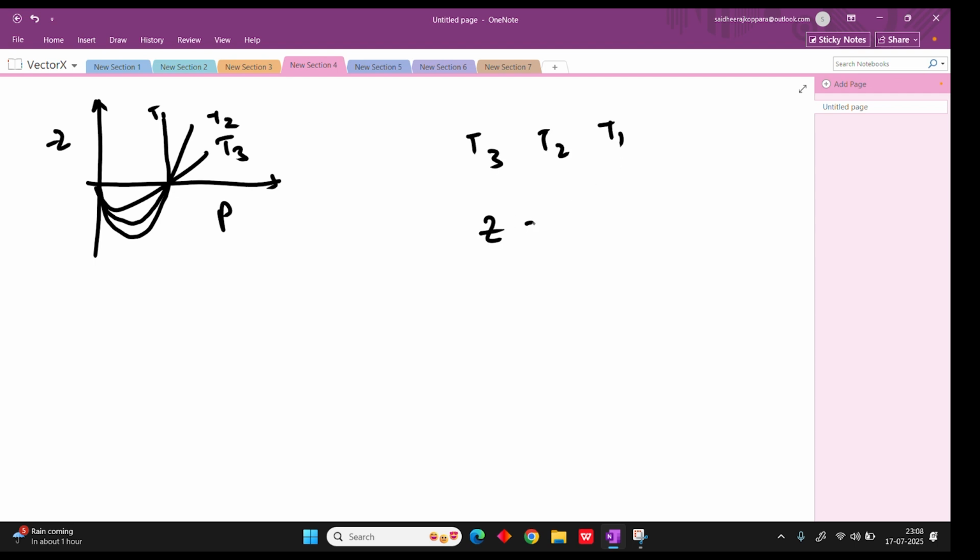See, Z equals PV by nRT. If you increase the temperature, then your Z value decreases. Here you see that at temperature T3, Z is increasing at a lower rate than T2, than T1. That means T3 is greater than T2 is greater than T1. That's how you do it.